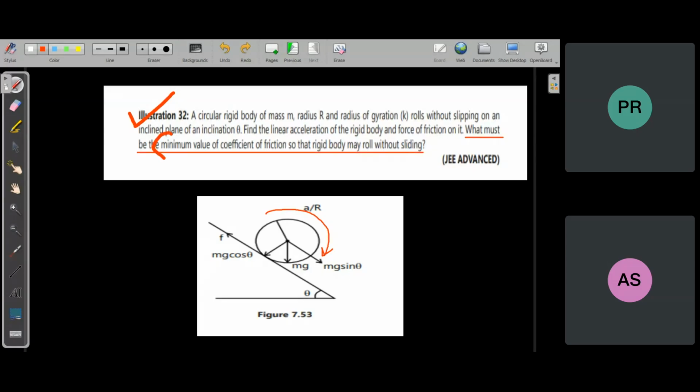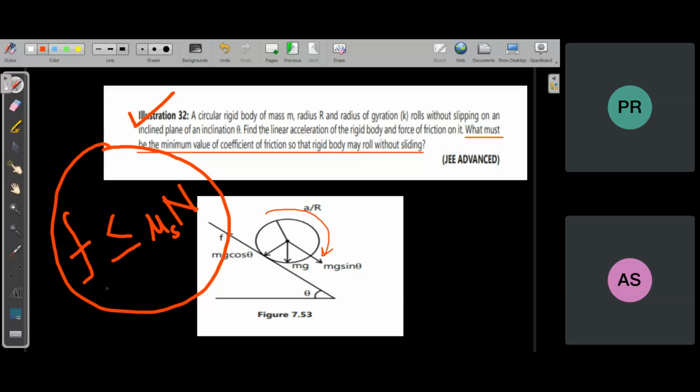So at this value, the body is about to slip but not slipping, which means the friction force will reach its maximum value. So friction should be less than or equal to mu s into N. If you put this condition, you will get the minimum value of mu s.